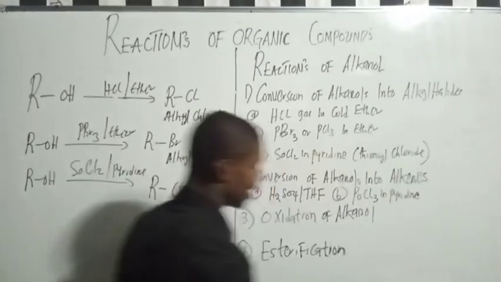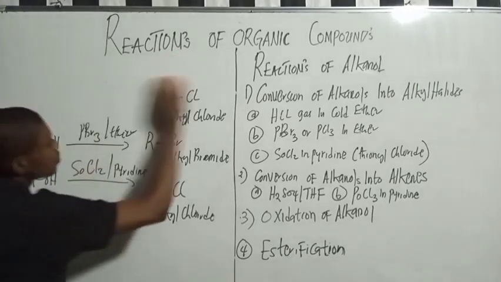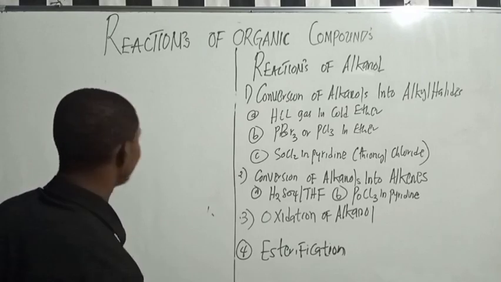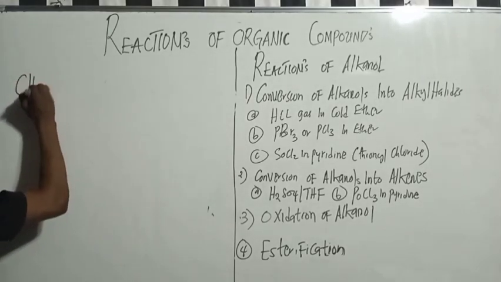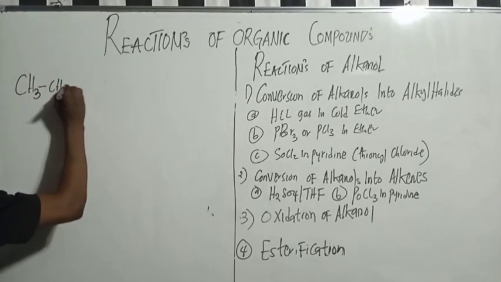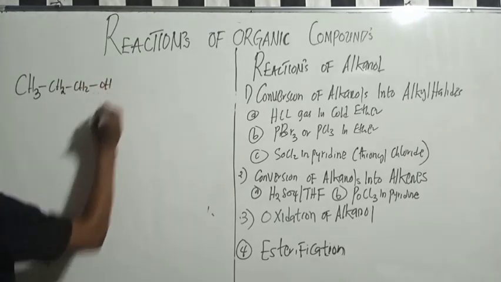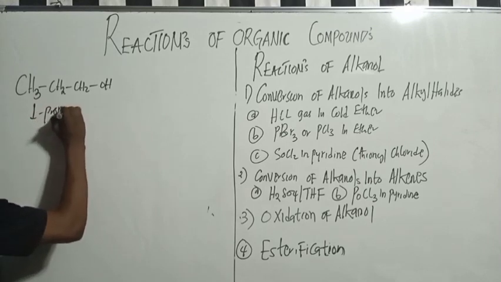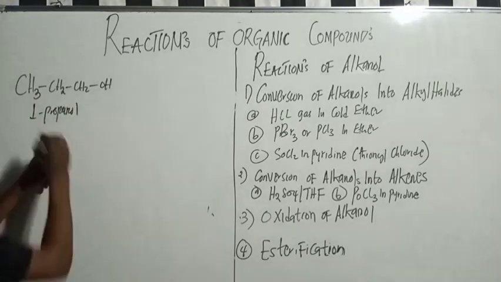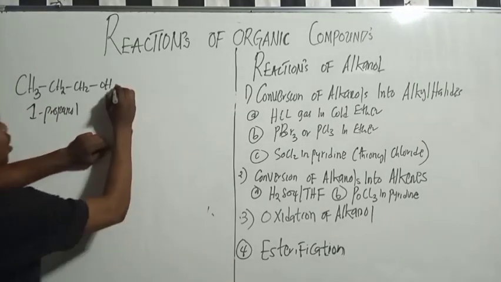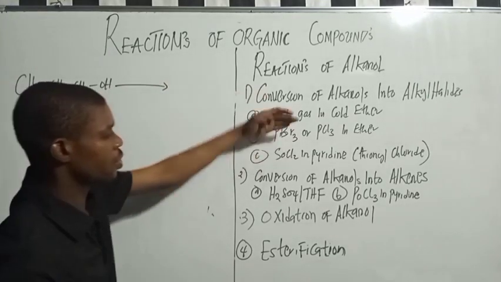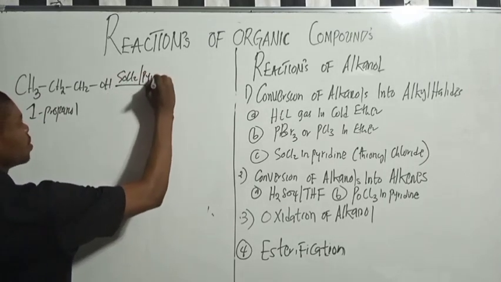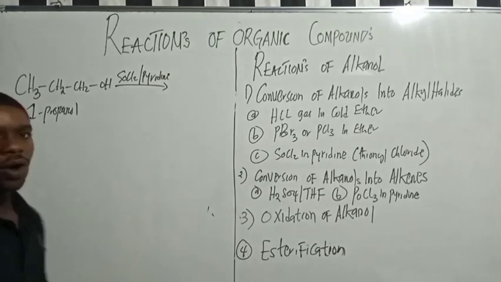So let's take a good example. If you have something like this, CH3CH2CH2OH, 1-propanol, and you react 1-propanol with any of these reagents, maybe you use your SOCl2 and pyridine, what's going to happen here?